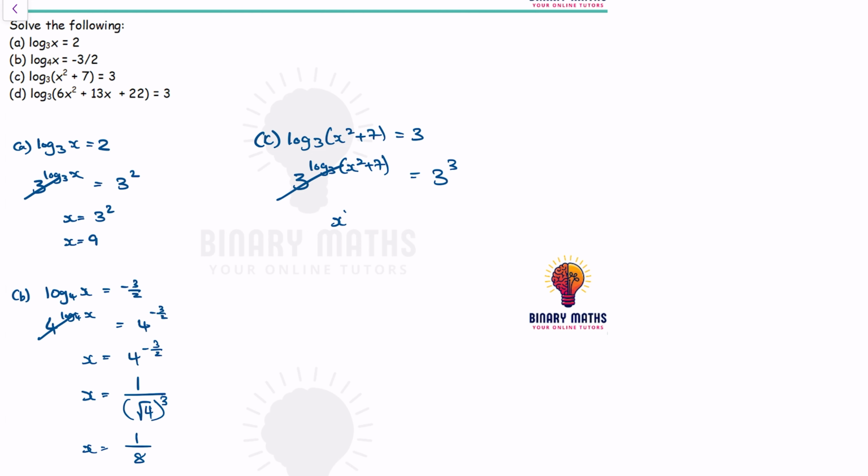So all I'm left with is x squared plus 7 is equal to 3 cubed, which means x squared plus 7 is 3 times 3 times 3, which is 27. If I subtract 7, I get x squared is equal to 20. So x must be plus or minus the square root of 20, which means x is equal to plus or minus 2 root 5.